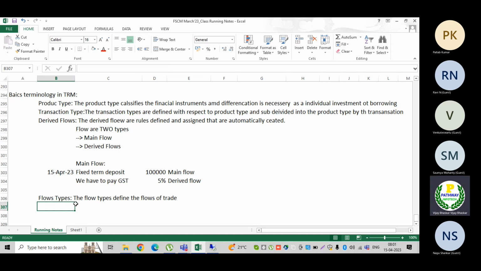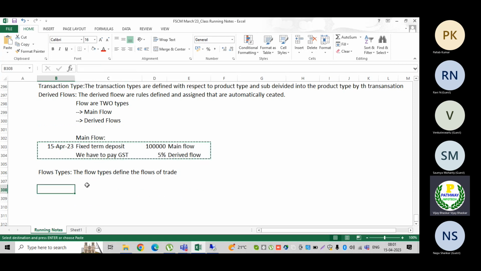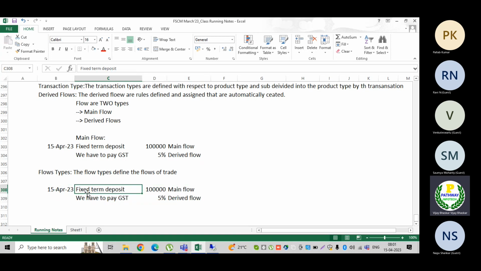Let us assume I have created a deal on 15th of April. Once the deal is created, let us assume we have done the investment: we have successfully created the deal and transferred money from our bank account to the counterparty's bank account.